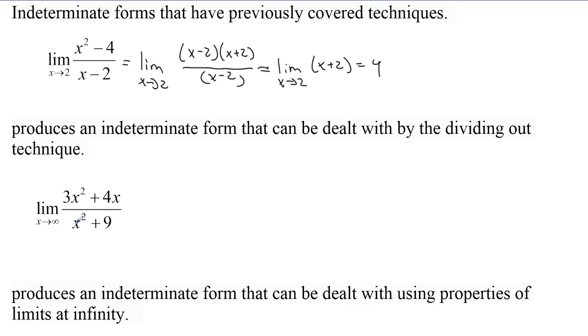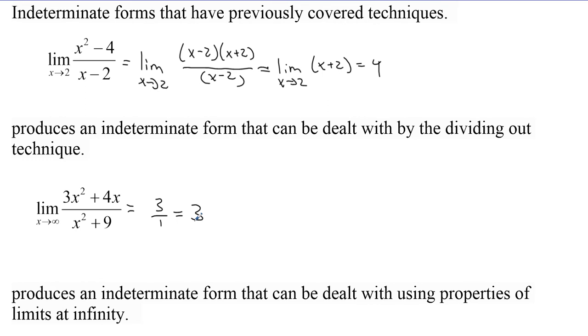So we get infinity over infinity. But we had a rule that dealt with this: if the degree of the numerator and the degree of the denominator were the same, then the limit was just the ratio of the leading coefficients. So this is just 3 over 1, which is 3.